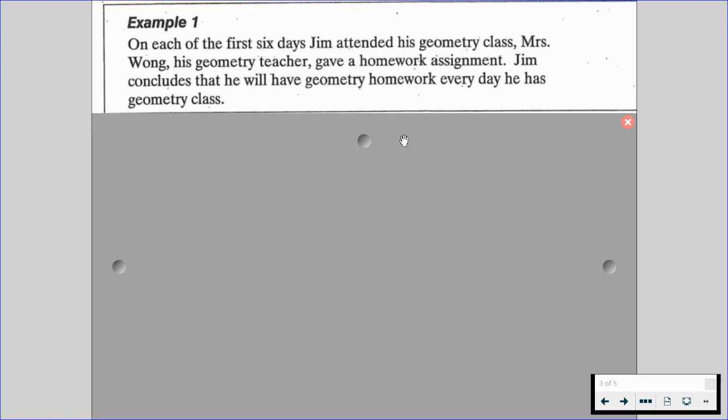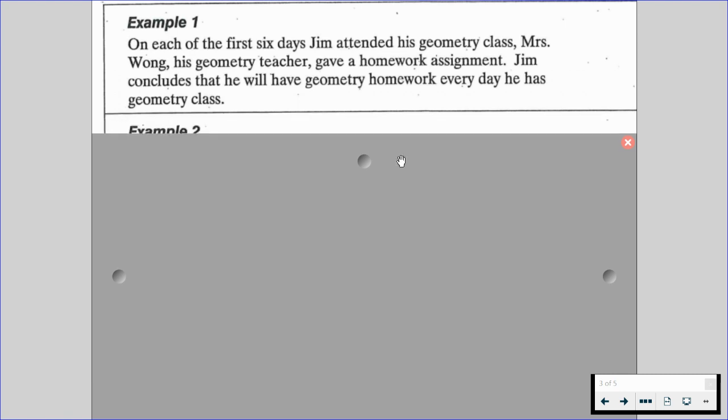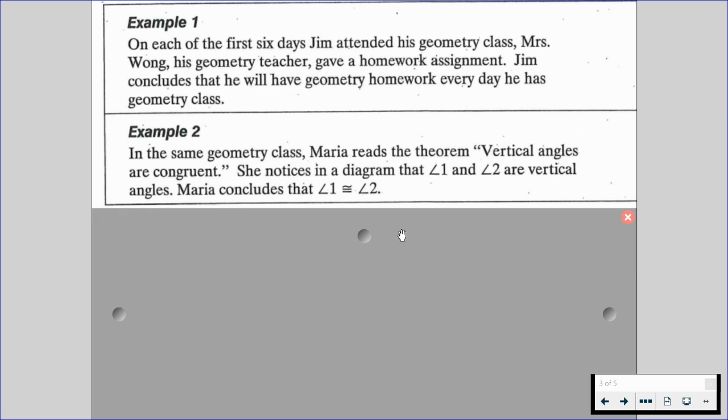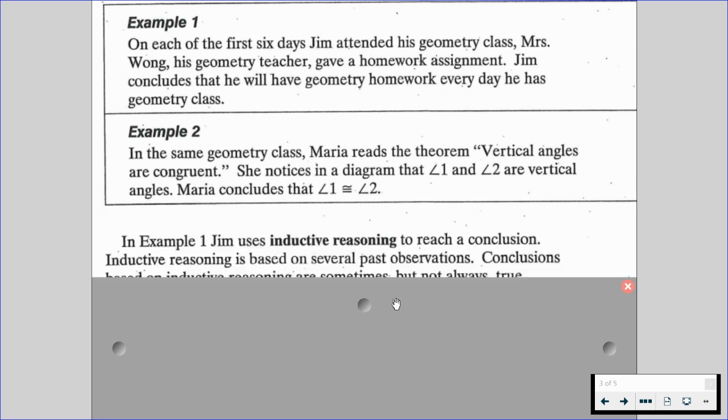He's seeing, hey, these first 6 days I had homework, so I should expect to have homework every time that I have class moving forward. In another example, in the same geometry class, Maria reads the theorem vertical angles are congruent. She notices in a diagram that angle 1 and angle 2 are vertical angles, so Maria can conclude that angle 1 is going to be congruent to angle 2.